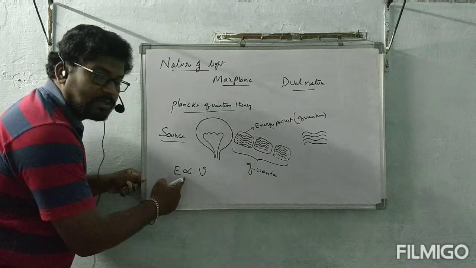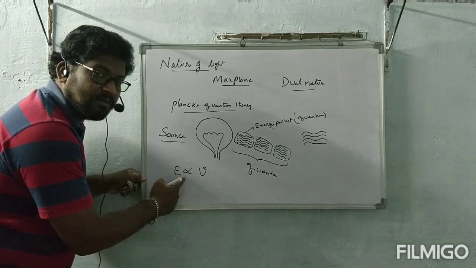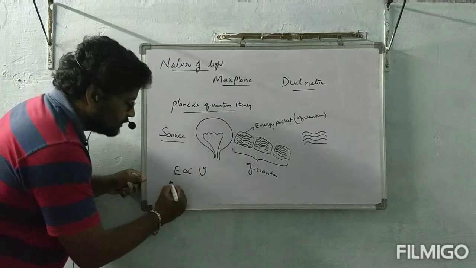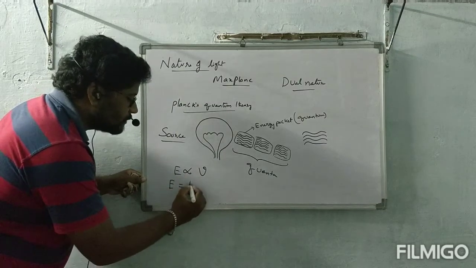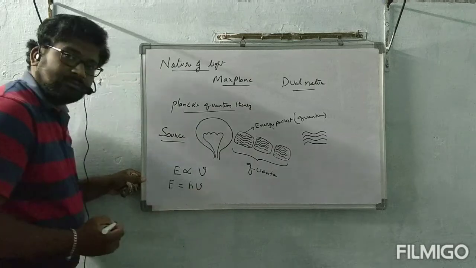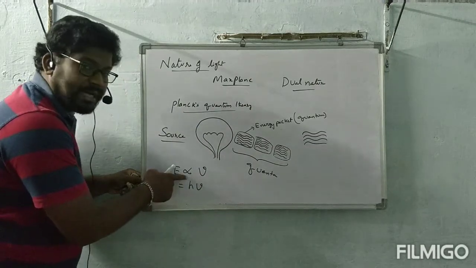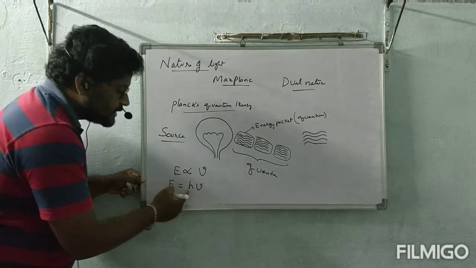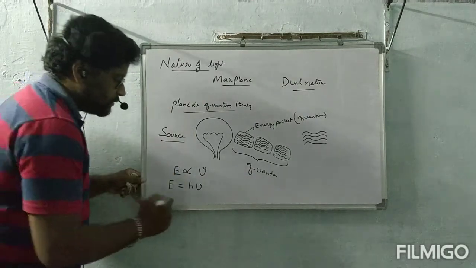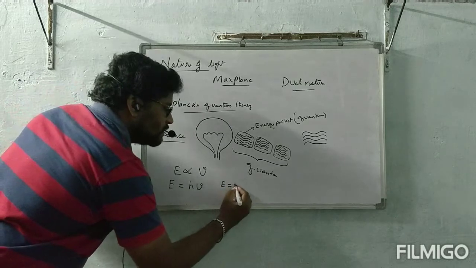By removing the proportionality sign, we can introduce one constant. That is E is equal to h nu. This h is called Planck's constant.